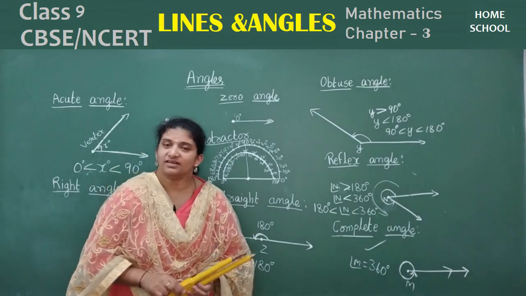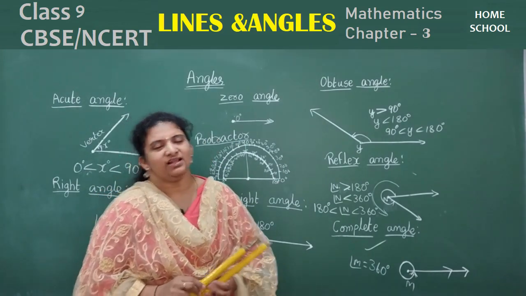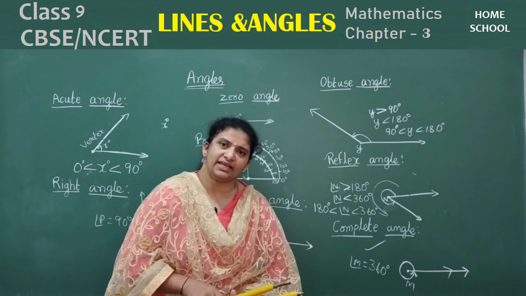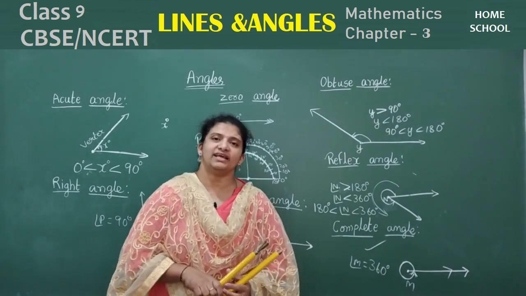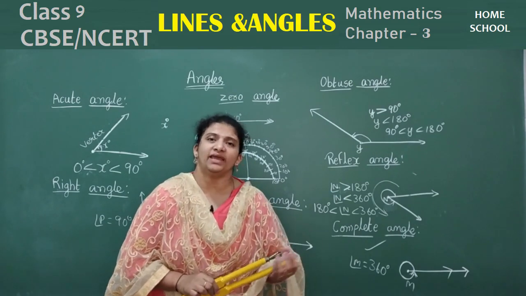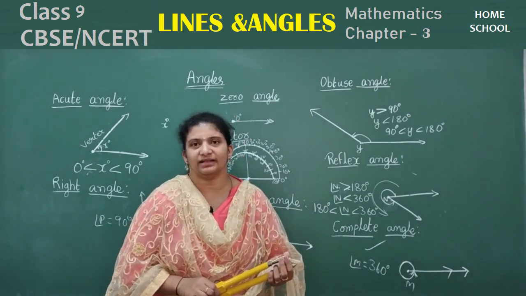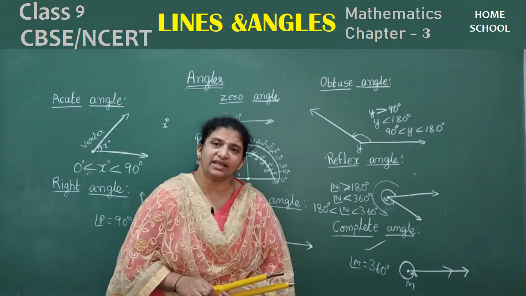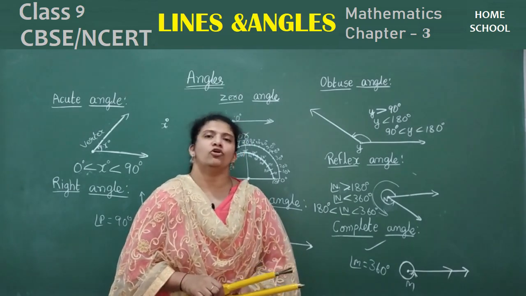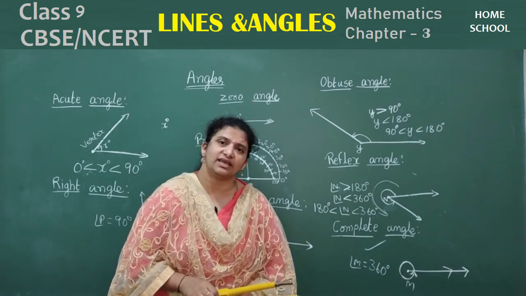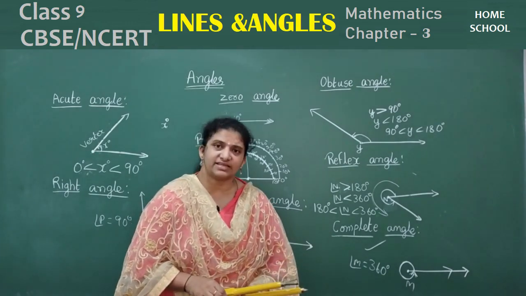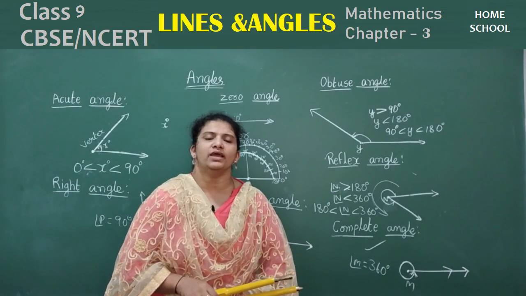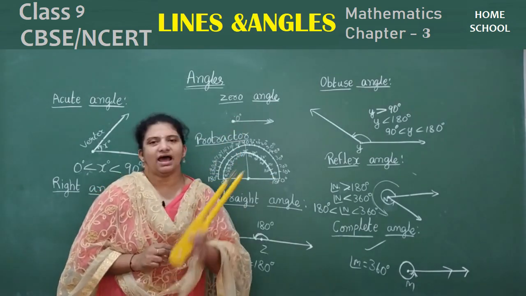So once again, 0 degrees, 0 angle; more than 0, less than 90, acute angle; 90 degrees, right angle; more than 90, less than 180, obtuse angle; 180 degrees, straight angle; more than 180, less than 360, reflex angle. If the angle is 360 degrees, then it is called a complete angle.